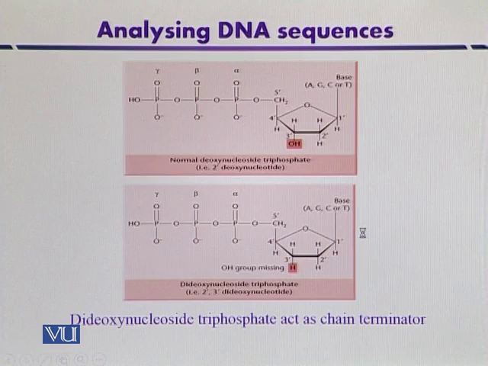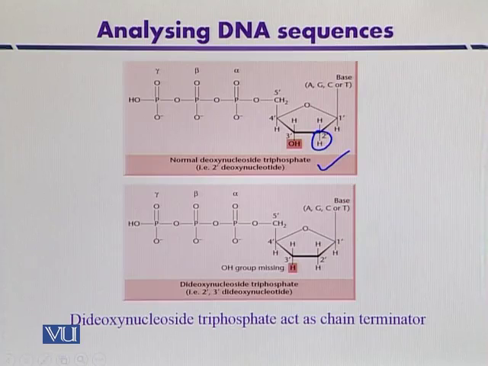Here is the comparison of normal deoxynucleoside triphosphate, that is 2' deoxynucleotide. Here the OH group is not present at the 2' site, whereas at the 3' location the OH group is present in the normal base. When we compare it with dideoxynucleoside triphosphate, it lacks the OH group at the 3' end.